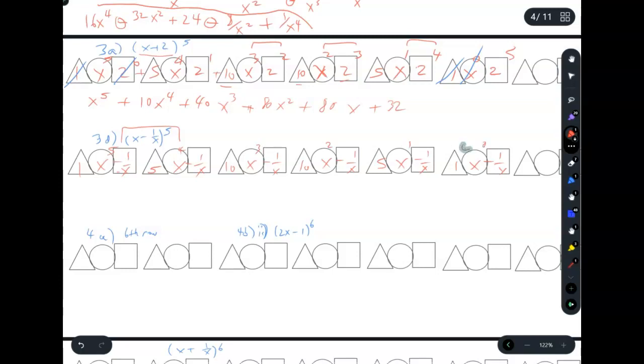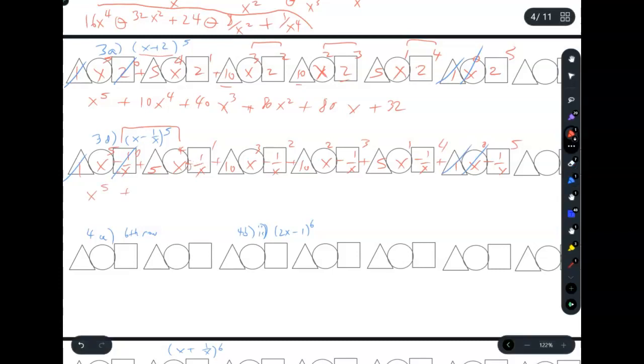Oops, and then starting from 0 and counting up with the squares. Okay, and I'll put the plus signs in. And then I can cross out the things that are equal to 1. Anything to the 0, remember, is 1. And then I can start writing out.